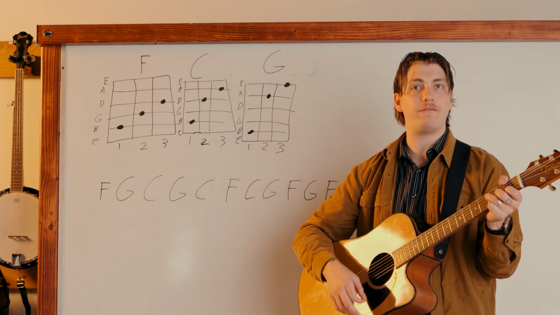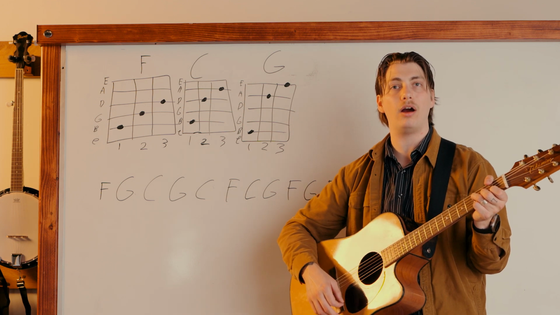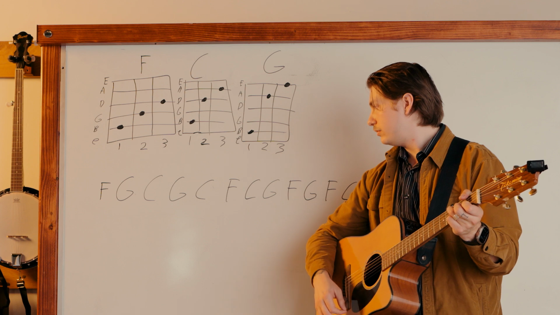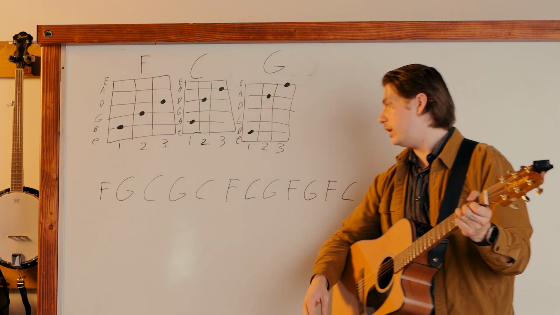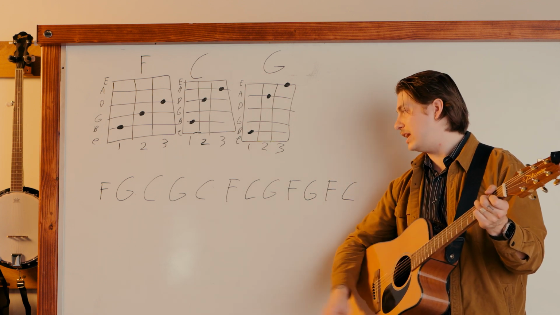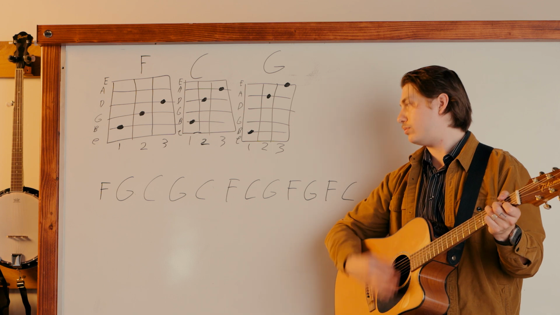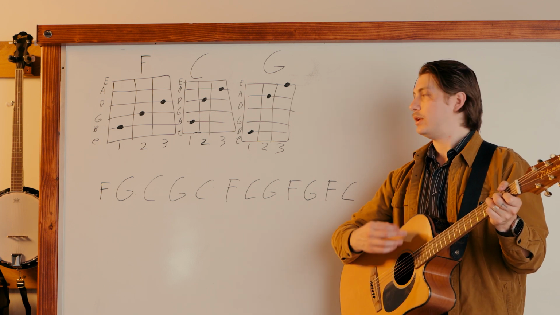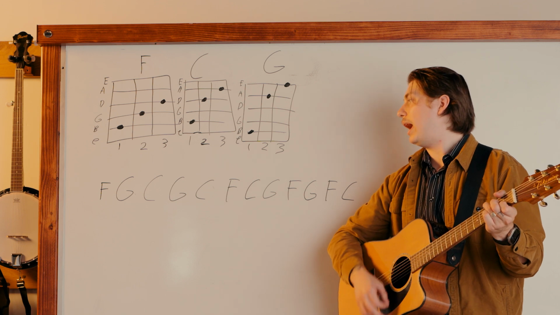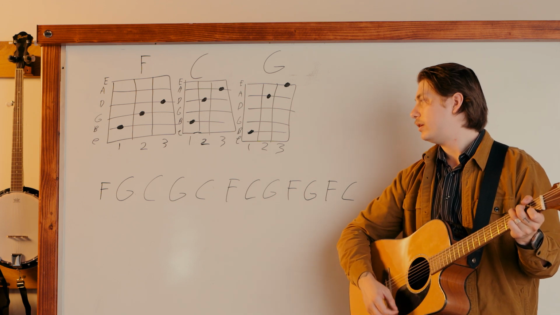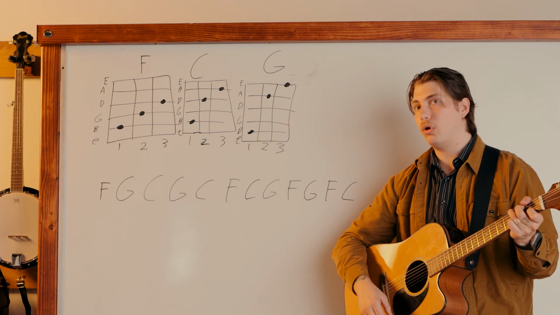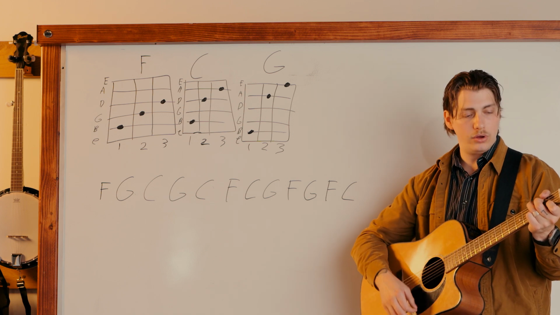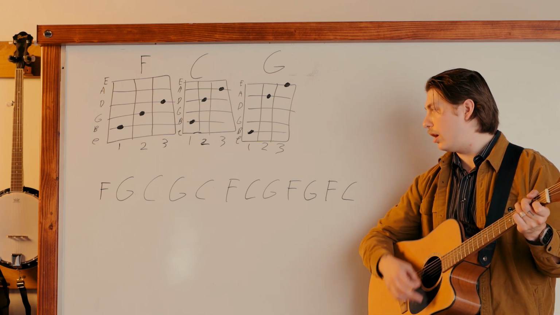Then an F. You guys got this. Press down hard. 2, 3. And then a C. We're right here. 2, 3, 4. 1, 2, 3, 4. And G. We're right here. 3, 4. 1, 2, 3. Press down hard.